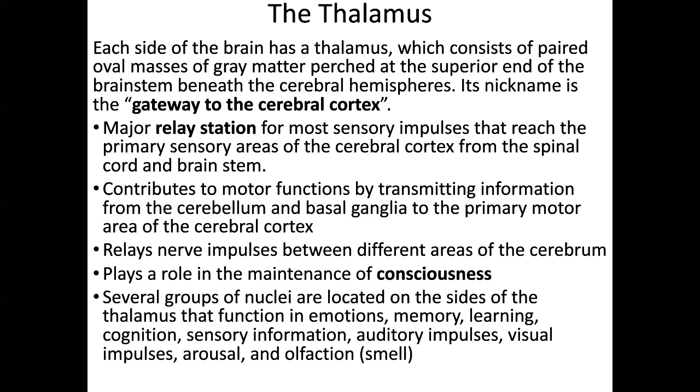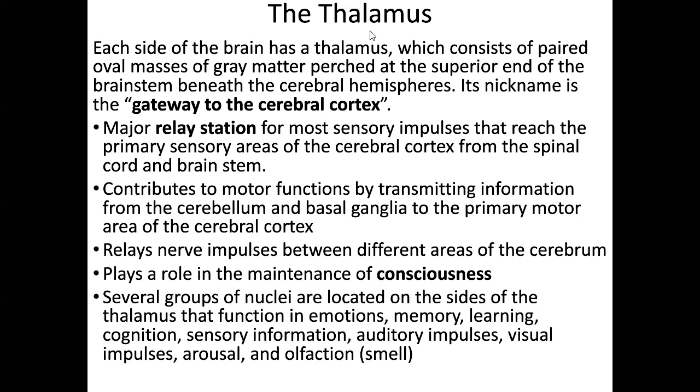Most of those sensory signals, itchy, hot, cold, pain, pressure, are ultimately going to go to the cerebral cortex. Before they get to the cerebral cortex, they make a pit stop, and they make that pit stop here.